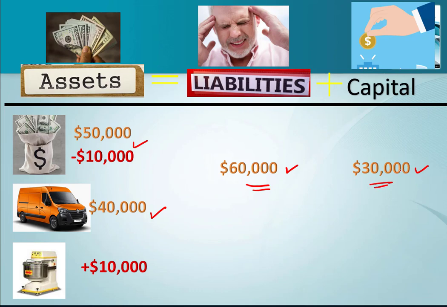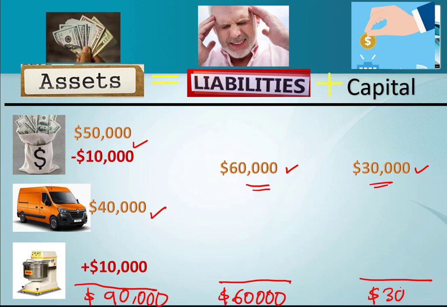So what is the total amount of asset? The total amount of asset is still the same, that is 90,000. Our liability is 60,000 and our capital is 30,000.